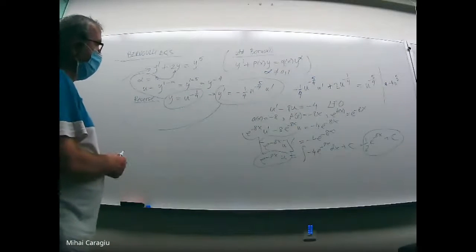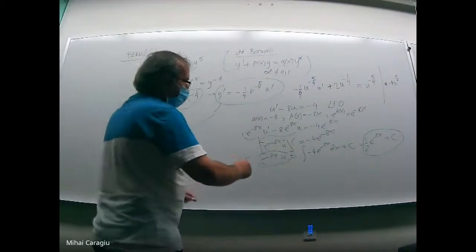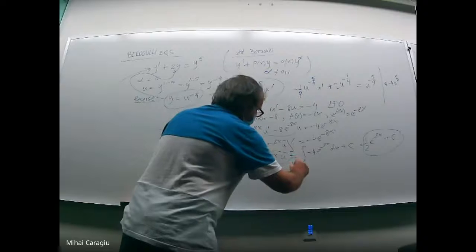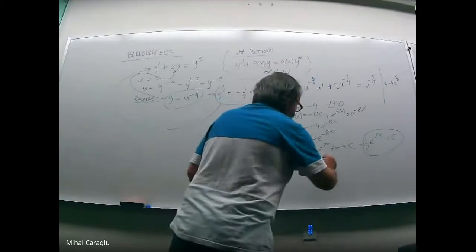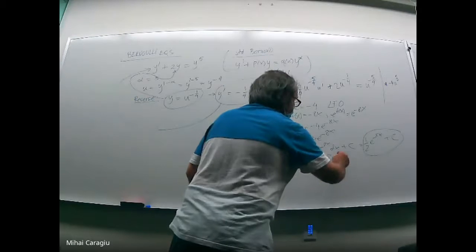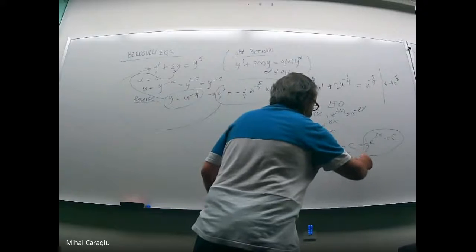Okay, so let's try to solve for u. Multiply by e to the power 8x left and right. So this implies u equals e to the power 8x times 1 over 2 e to the minus 8x plus c.